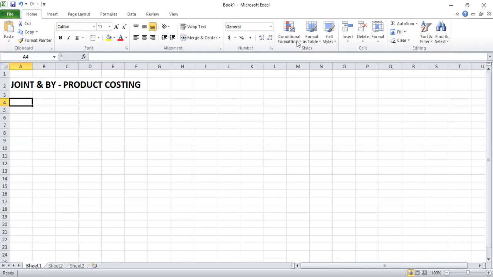Right. Let me maybe depict it. Let's say here we've got our input. This is the input. Let's say this is oil that goes into our production process.